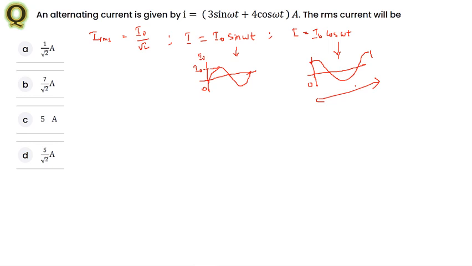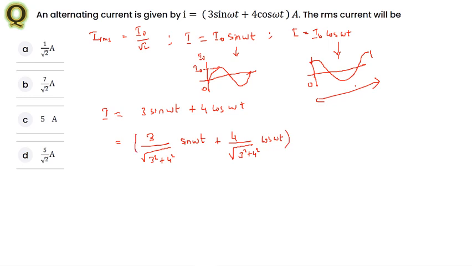In this case, take the equation I equal to 3 sin omega t plus 4 cos omega t. Now I divide and multiply by the square root of 3 square plus 4 square.